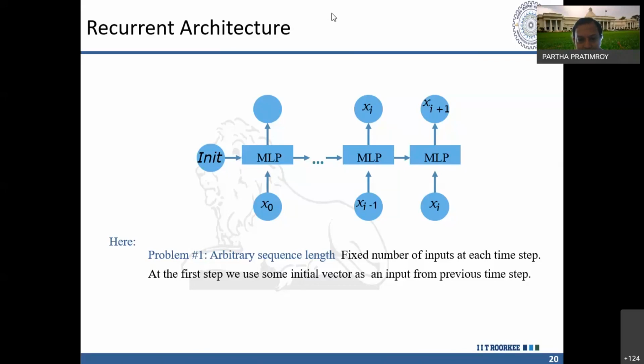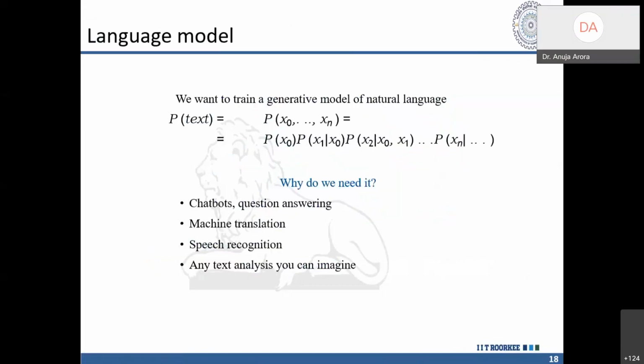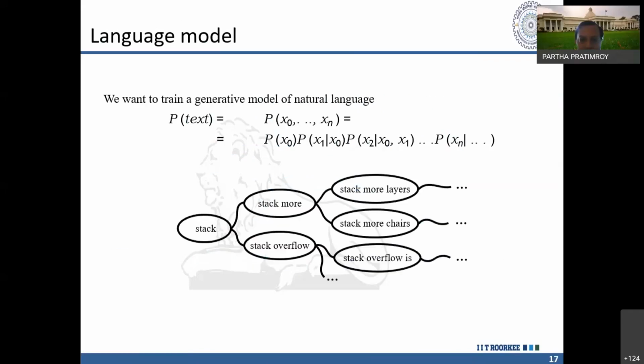So, as Anuja just said, let me repeat my question, what we are doing. For example, in this previous example, if I want to have a sentence, like "stack over", "stack more chairs". Let me find one word, stack. The next word I consider depends on the word I have picked up earlier.